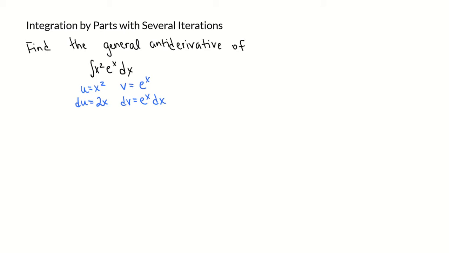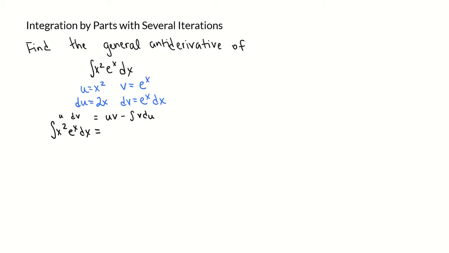And for our integration by parts formula, we're going to take x squared e to the x dx, which as it's written now is u dv. That's equal to uv minus integral v du.